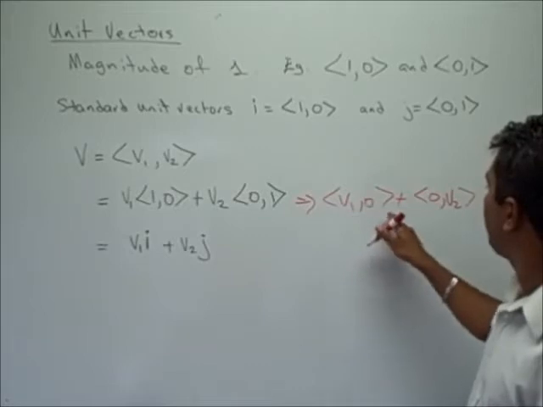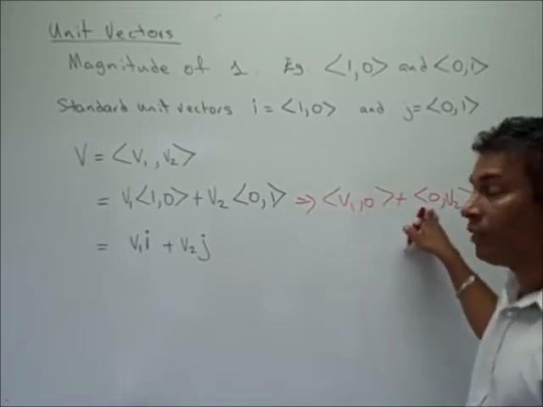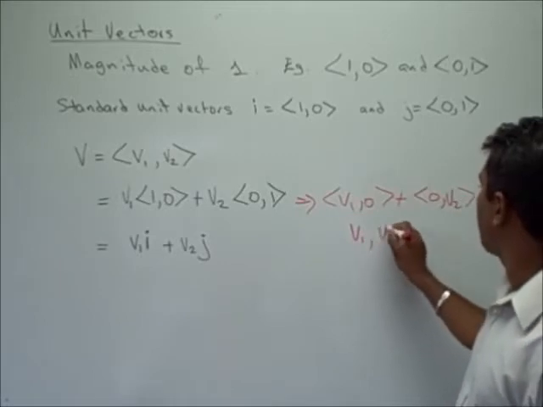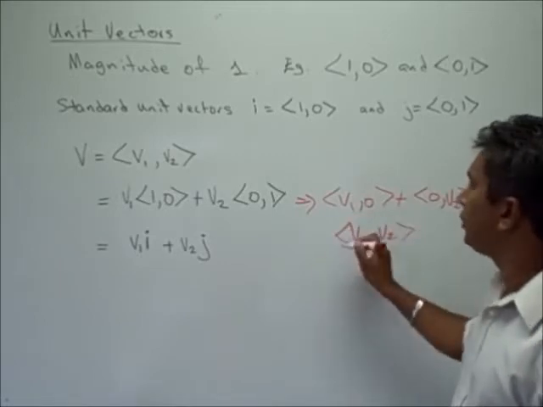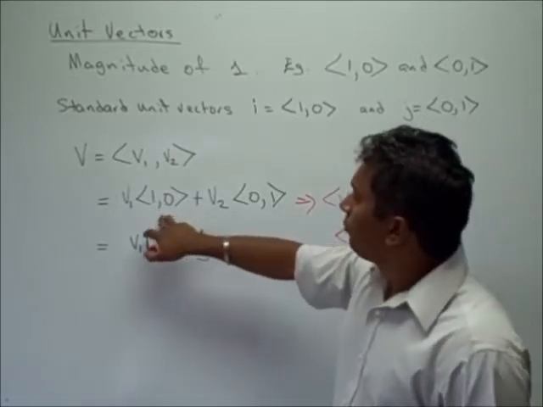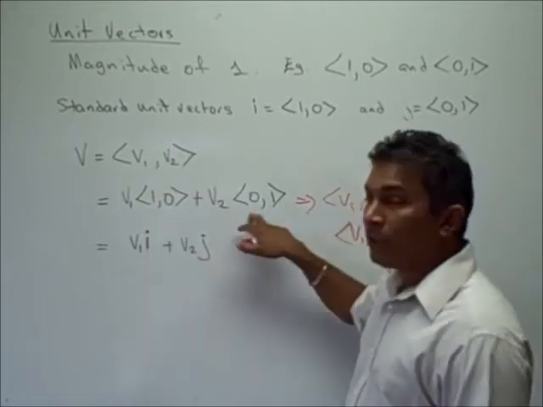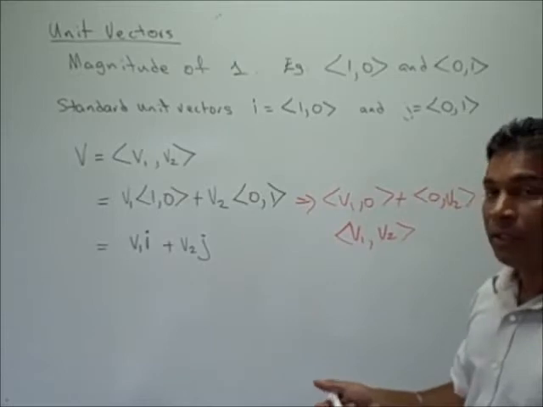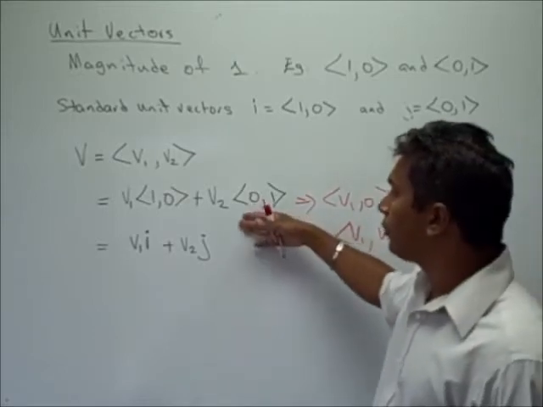Now if we add the two vectors, v1 plus 0 is v1, and 0 plus v2 is v2. So by putting our unit vectors here, we have not actually changed our vector. All we're doing is representing it in a different form.